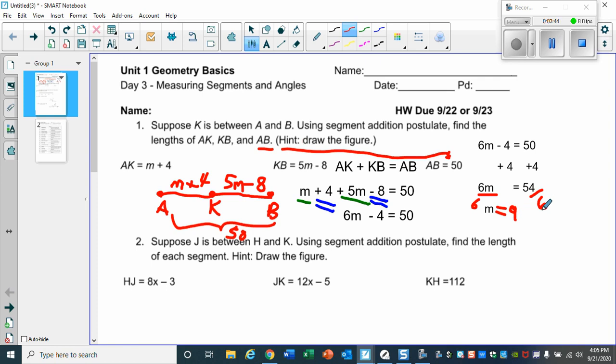But now we're not finished, because what you need to do now is plug in your 9, so m equals 9.